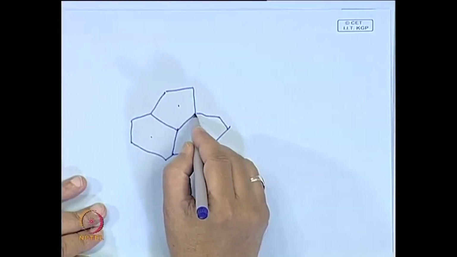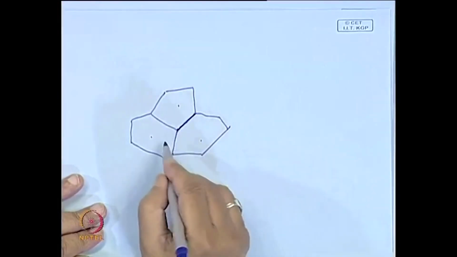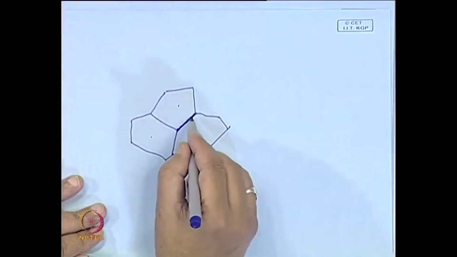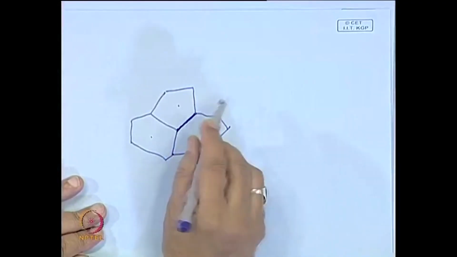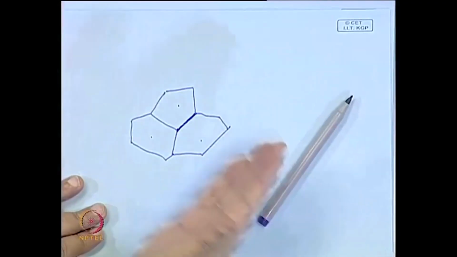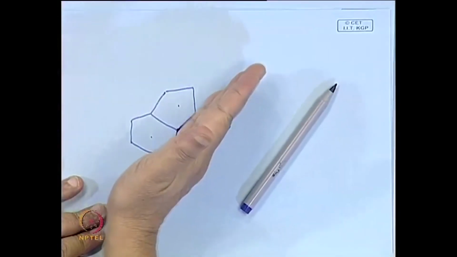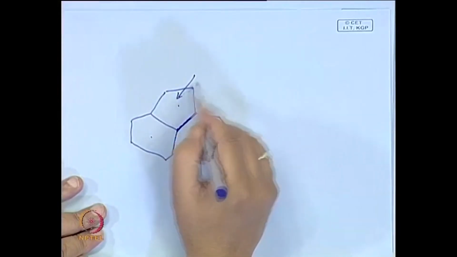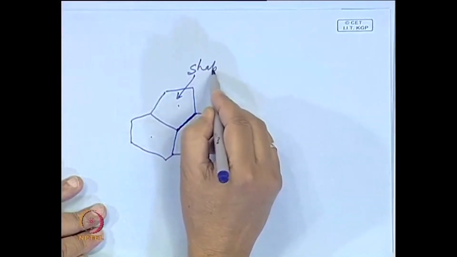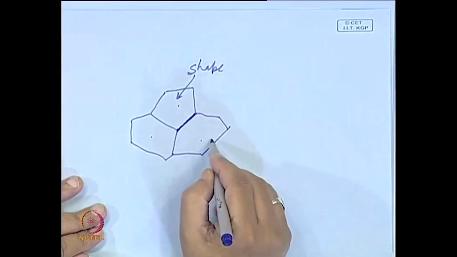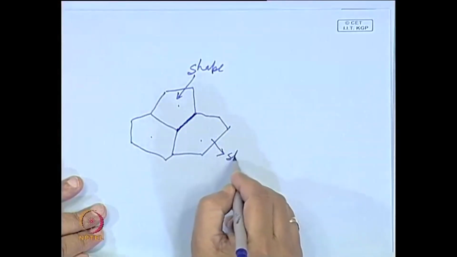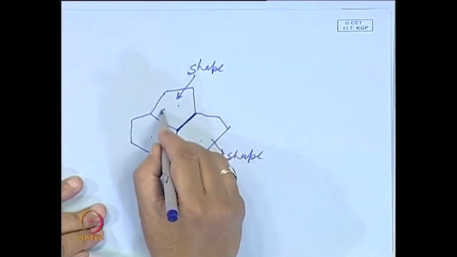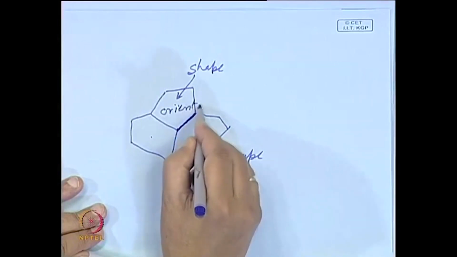Now, the point is, this is the boundary. On the microscope, what we see is a line, but in reality it is a surface. This surface may be bent like this or like this, and that will depend on the shape of the neighboring grain. It will also depend on the shape and orientation of the grain.